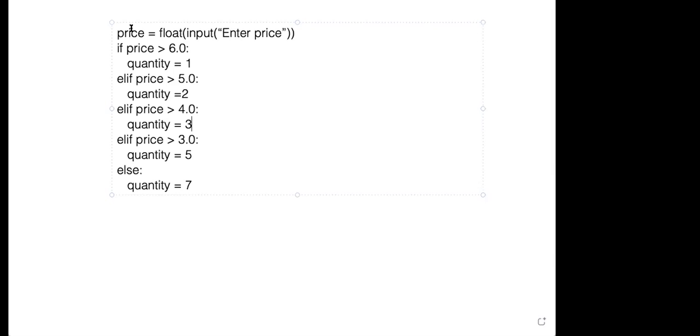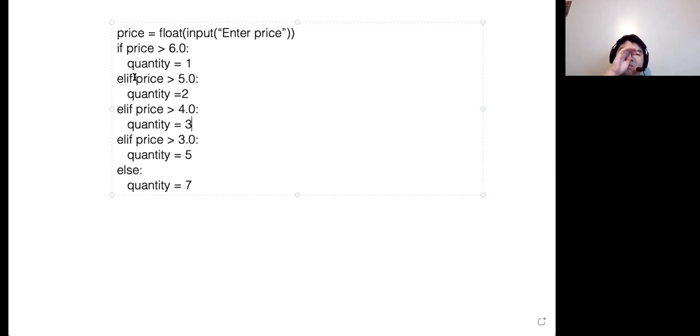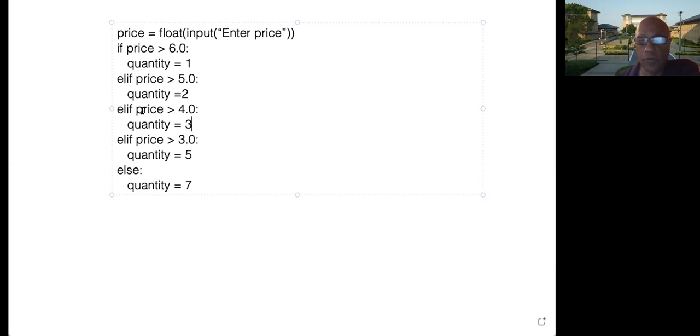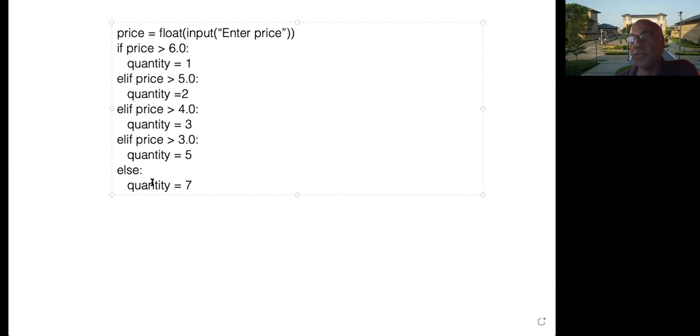Now, let's say price is $1.0. Will this be true? It'll be false. How about this? False. False. False. False. False. So it will hit this.